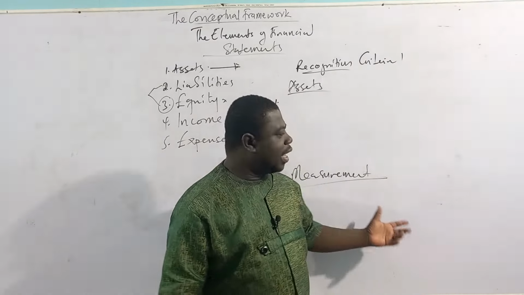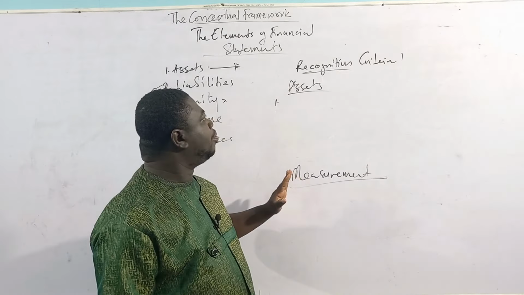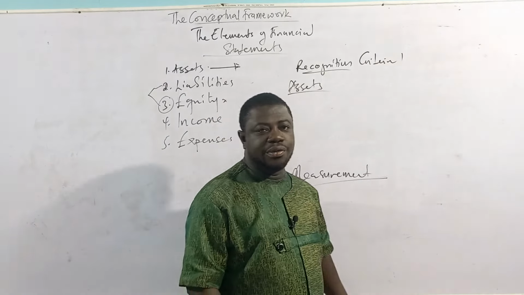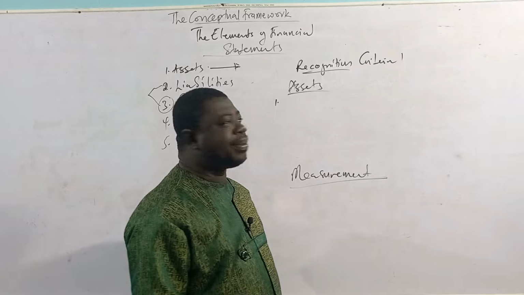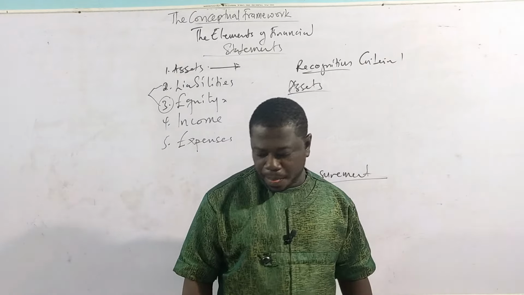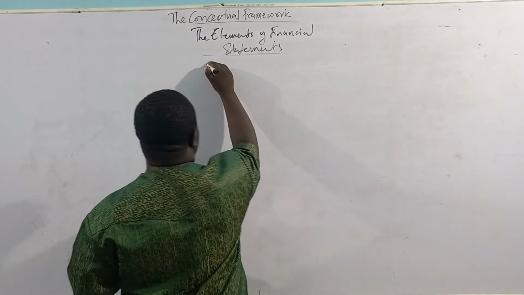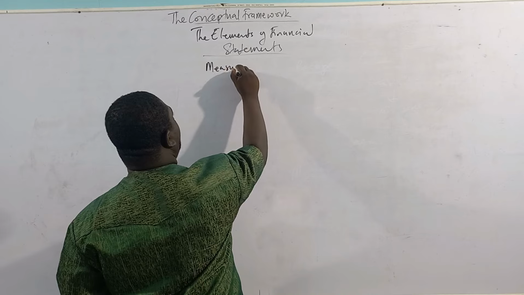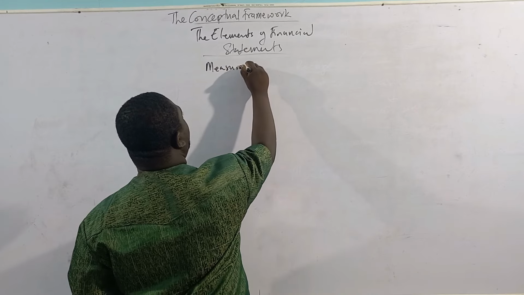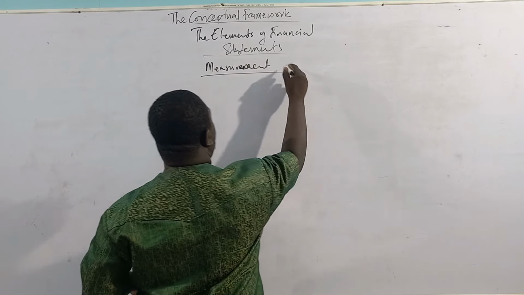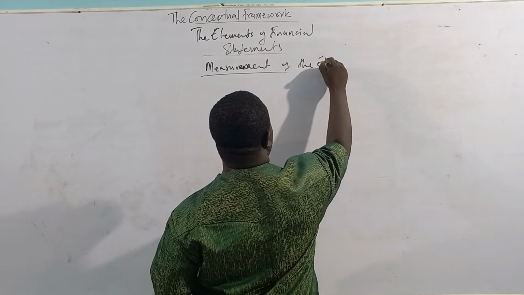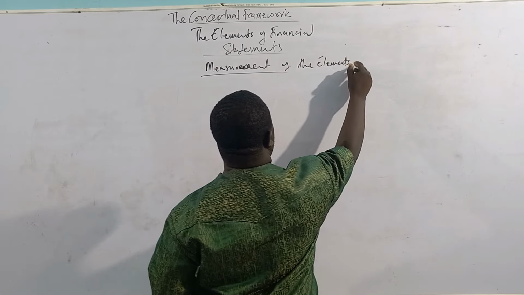Now, when it comes to measurement, I'm going to talk briefly about measurement and then we move on to the concept of capital and capital maintenance. Let's look at the measurement of the elements of financial statements.